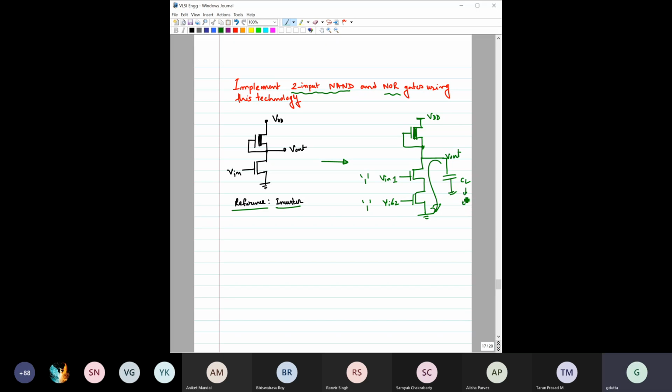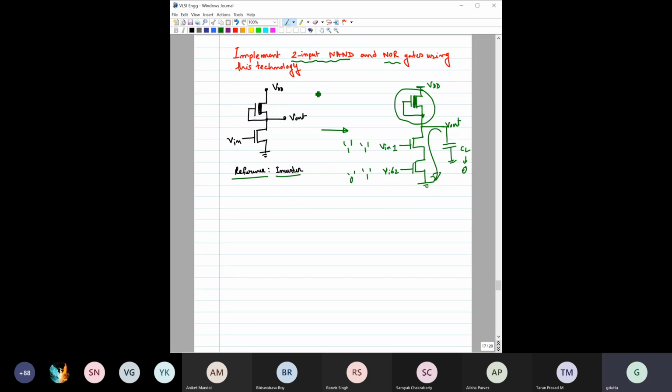Am I right? Right. Say for any other combination, say for 1, 0, one of the transistors would be off, so this path is broken, so the output would be high only, right? And you are right. So for the load, this one depletion mode transistor would be enough.